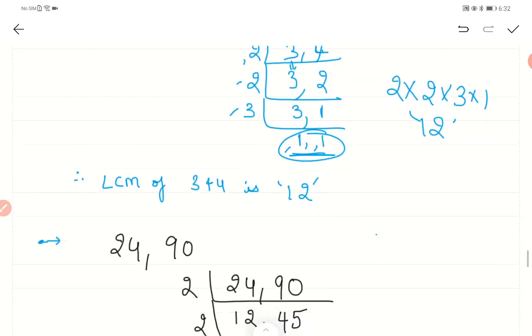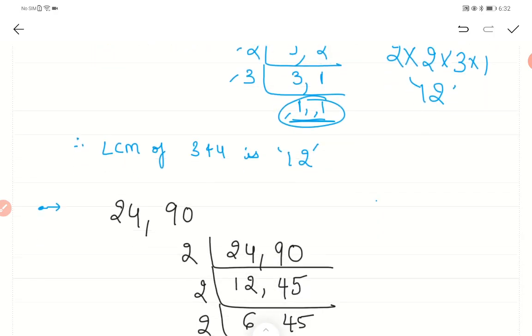But if you have big numbers like 24 and 90, you need to write the multiples. So 24's multiples will be 24, 48, and so on. You need to write those for 90 as well. So you can't find the common one for such big numbers very easily. You need to keep writing the factors and get them. So this will become a little bit tough for you.